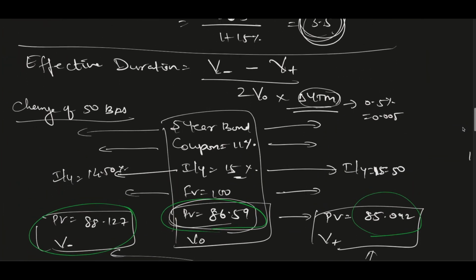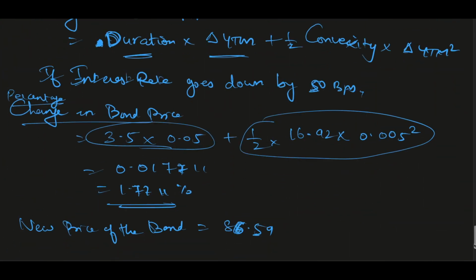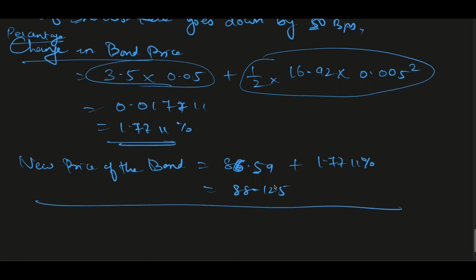Now the bond is changing by plus 1.7711 percentage. So when you add this percentage, it will reach 88.125. So this is the new price of the bond.